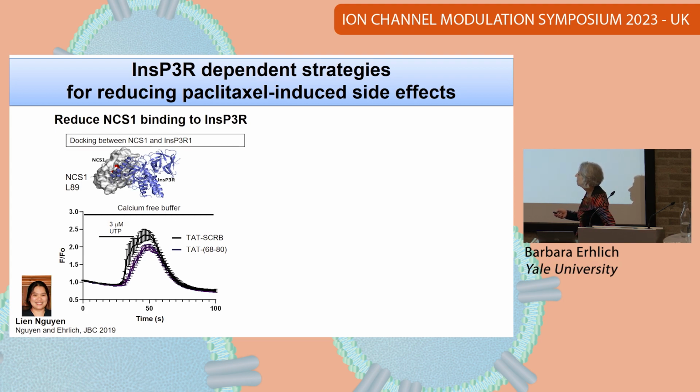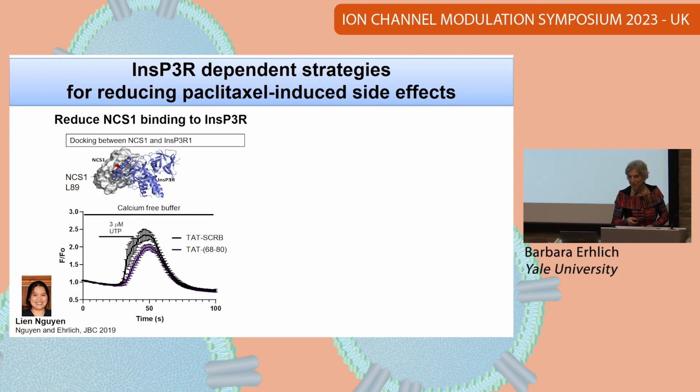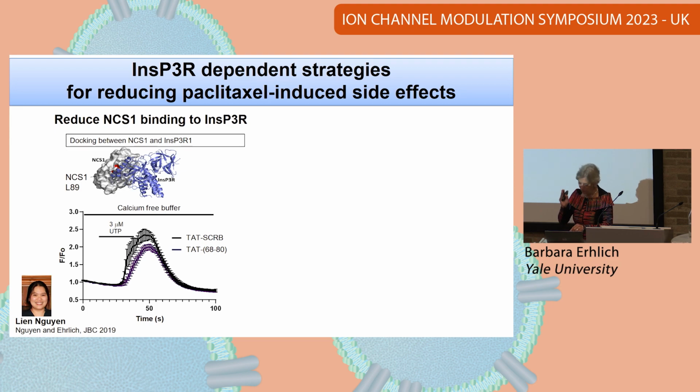We can have this membrane permeable peptide incubate with the cells, and we can diminish the interaction between the IP3 receptor and NCS1. So now that we have a peptide, with a gifted medicinal chemist, we will be able to make a small molecule, but that's a promissory note. You'll have to wait probably 2 years from now.